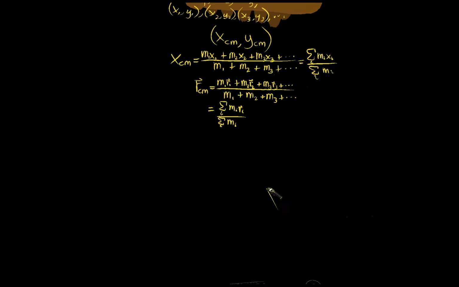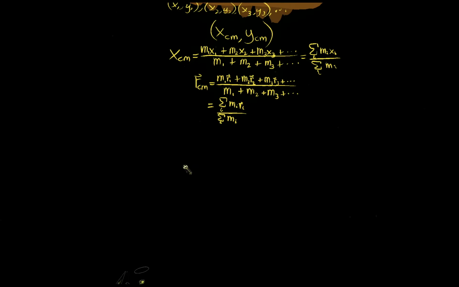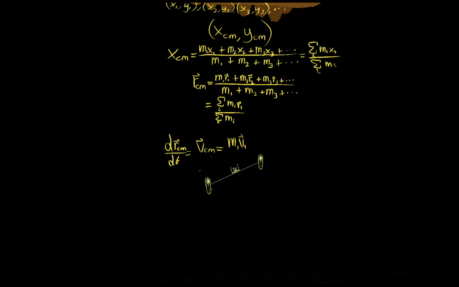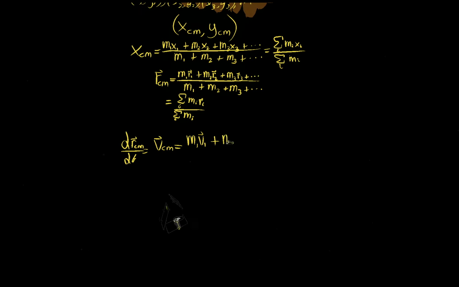So if we take the time derivative of this position vector r of the center of mass, so dr_cm/dt, you get v_cm is equal to m1 v1 plus m2 v2 plus m3 v3 and so on.